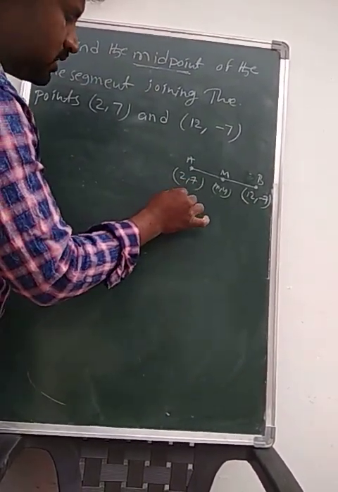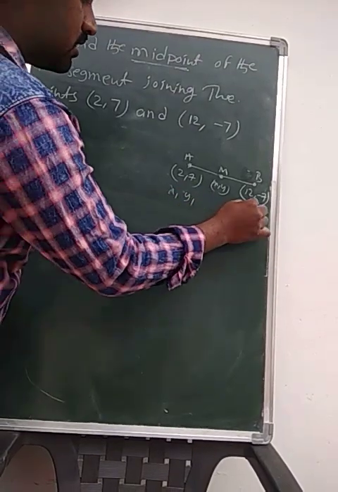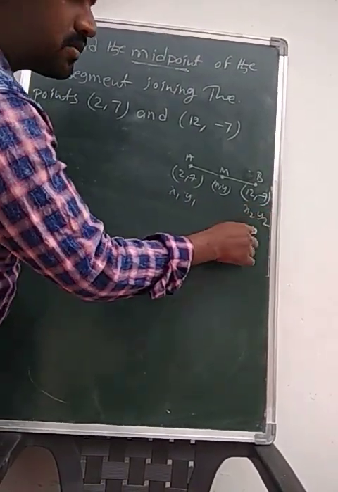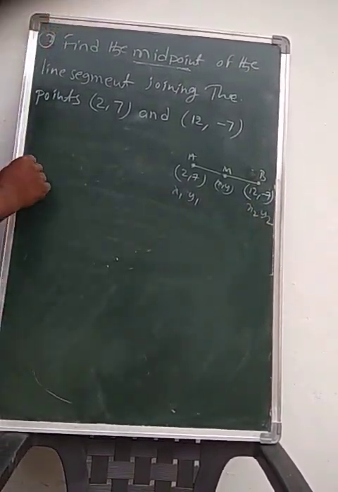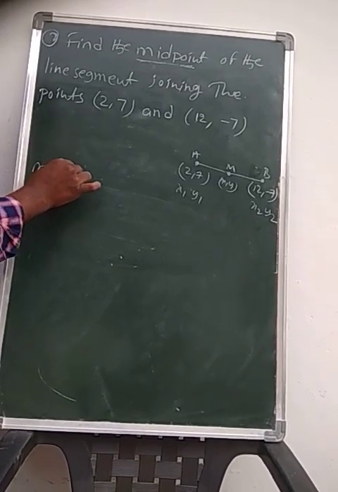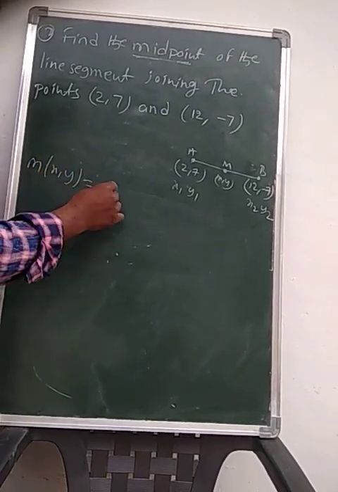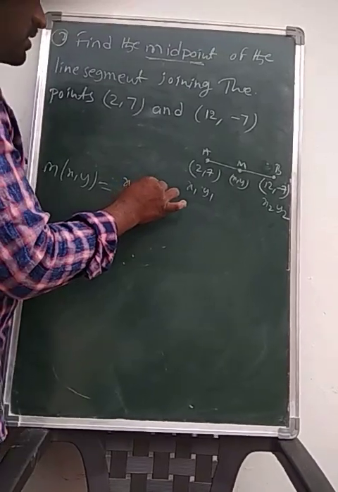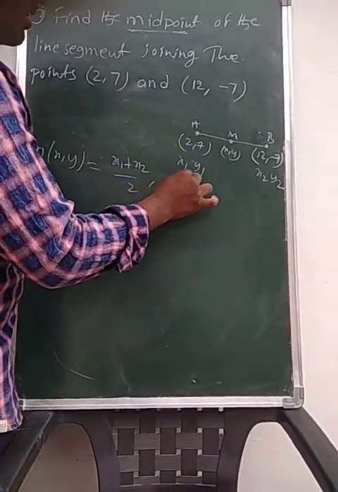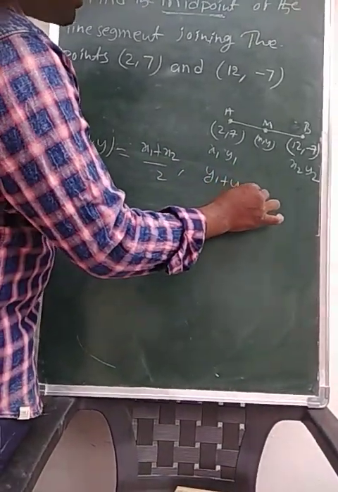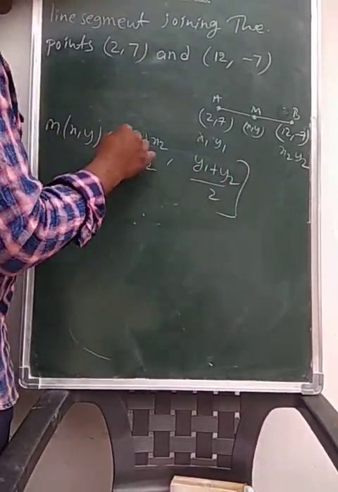See here, we take it as x1 and y1 and x2 and y2. The midpoint formula: M of (x, y) is equal to ((x1 plus x2) by 2, comma (y1 plus y2) by 2).